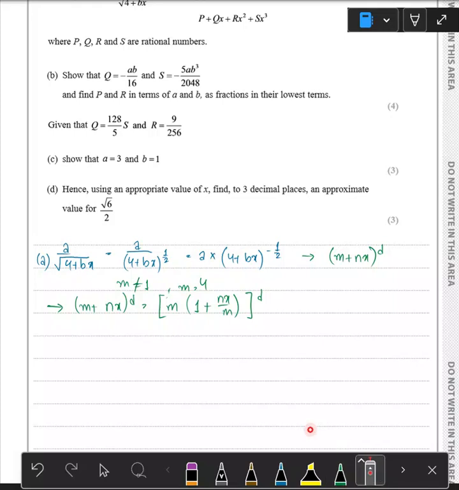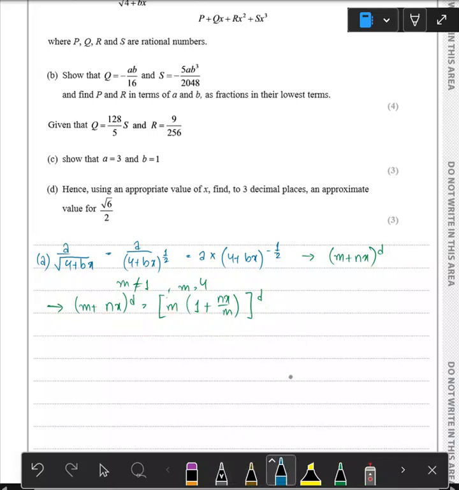Now what I did here is I factored the m out of this expression. So the 1 is here, but if you multiply it, m multiplied by 1 is m, and m multiplied by nx divided by m, the m cancels out, and you actually get this, to the power d.